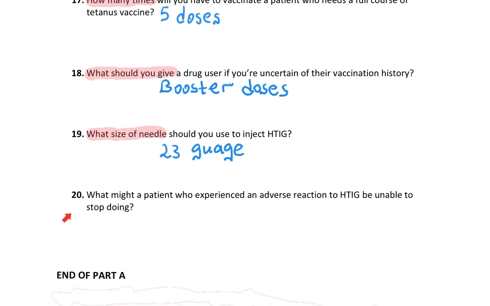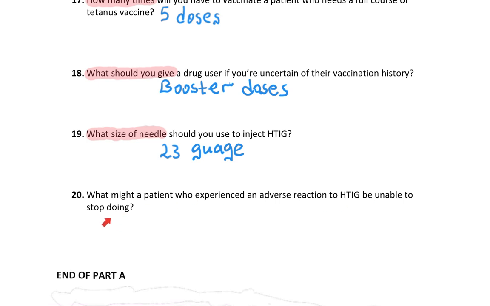Last question. Question 20. What might a patient who experienced an adverse reaction to HTIG be unable to stop doing? So we are looking for an action, okay? What the patient cannot stop doing. So that thing should be continuous. Unable to stop doing.